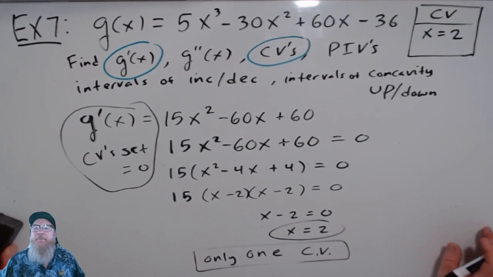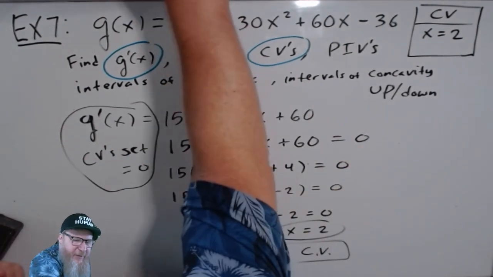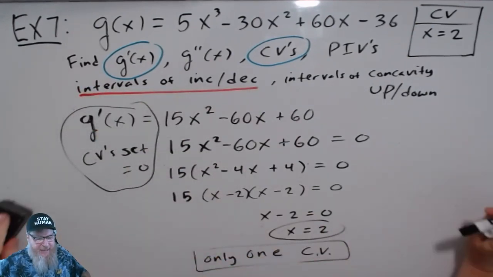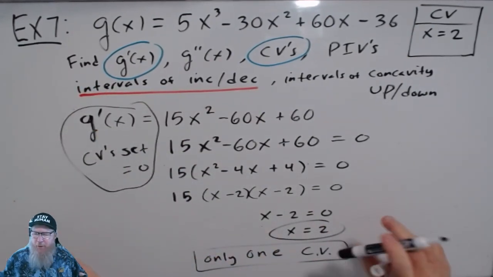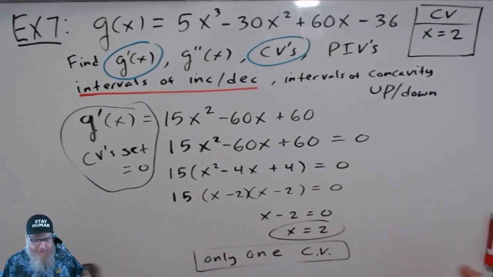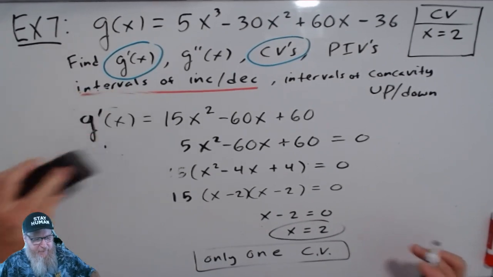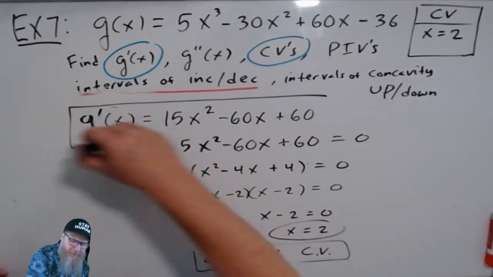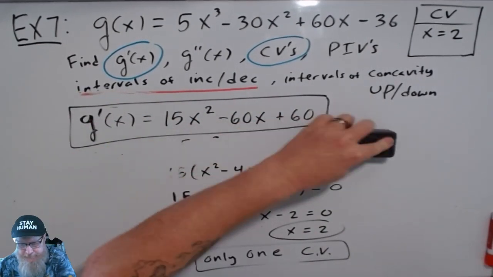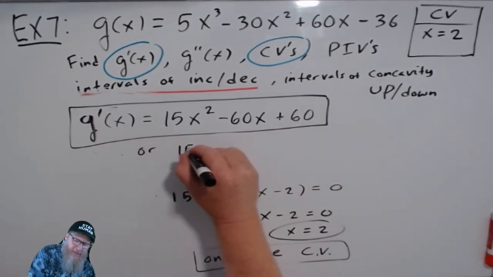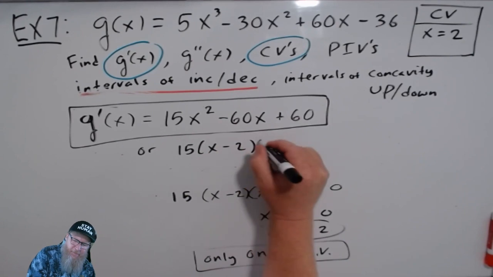Okay, so now let's do the intervals of increase and decrease. So that's the first derivative test. Now, when you are testing the first derivative, you can test the entire equation, or you can test the factored form.